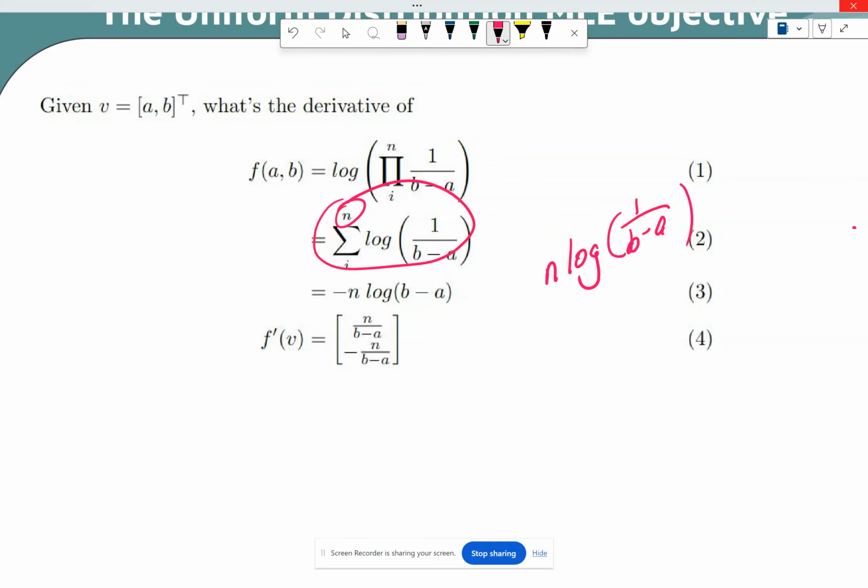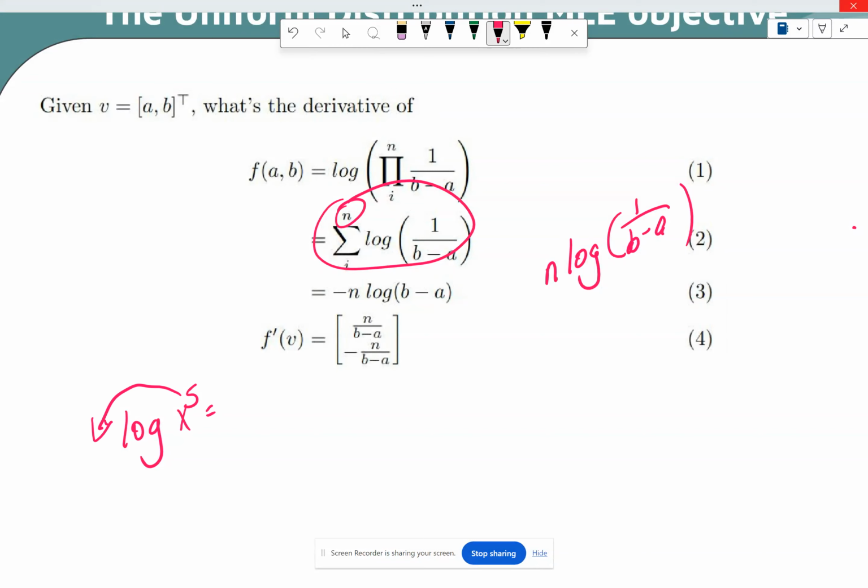Now, I know log has a lot of properties, so over time you would need to remember a lot of them. Another interesting property is that if you have log x to some power 5, you can move this to the front. And yes, I know this seems like a very random property.